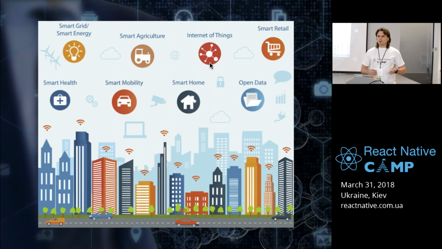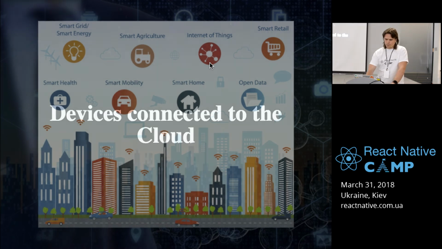In the US, we have the Amazon cart store. When you walk in, you just take things off the shelf. You just get out. You don't pay. The mobile app knows what you took and you automatically get charged for things. We have smart health, smart mobility, smart homes in general, and open data for lots of stuff.